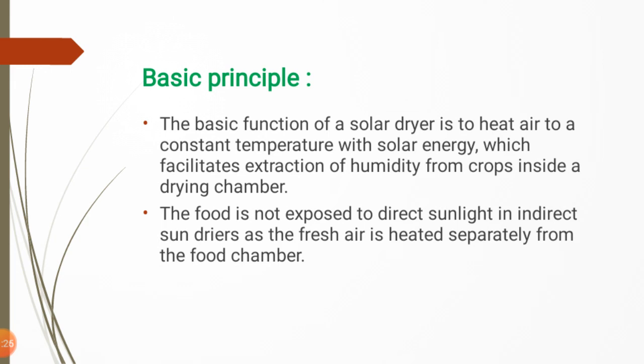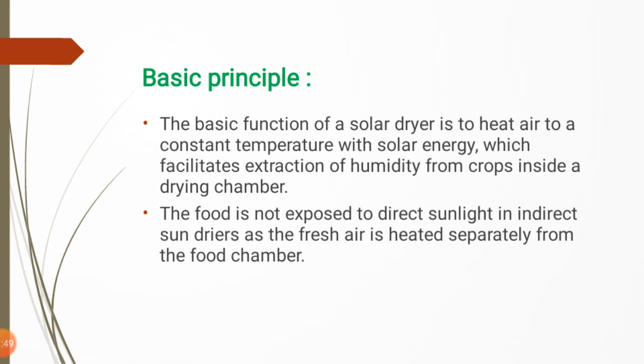Due to solar radiation, there is heat inside that chamber, and the air gets heated to a constant temperature, so that this heated air is passed through or over that material, so that the moisture can be removed and we get the dried form of the product.